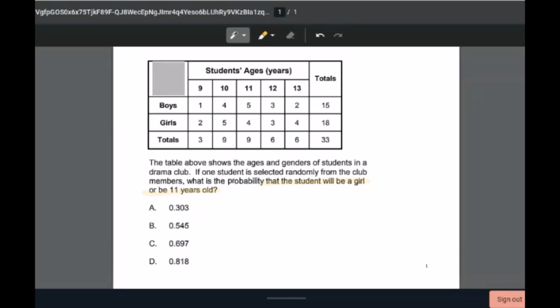So our probability will be that the student randomly selected will be a girl or be 11 years old.